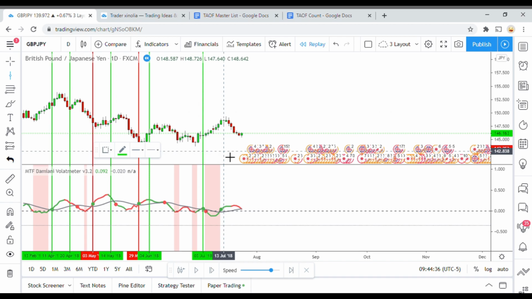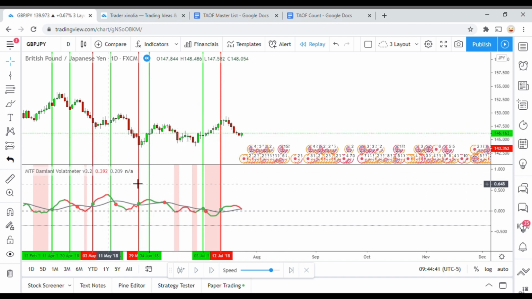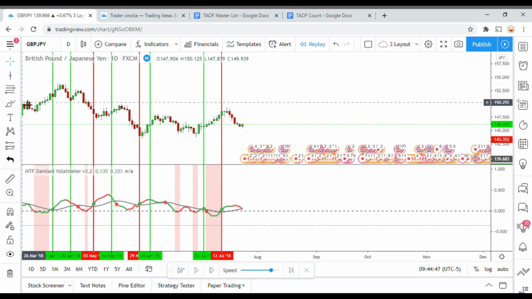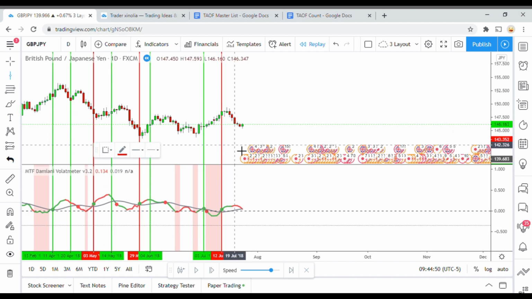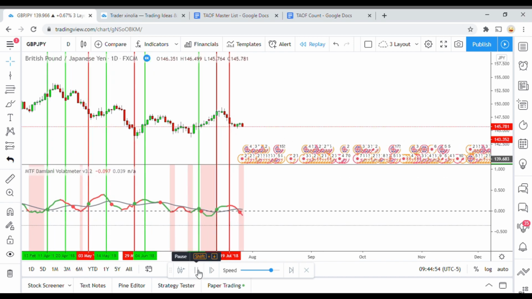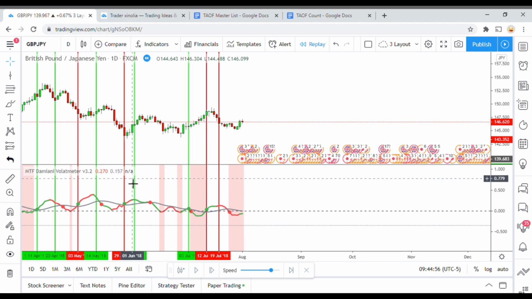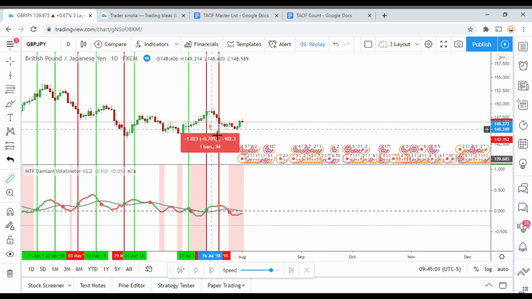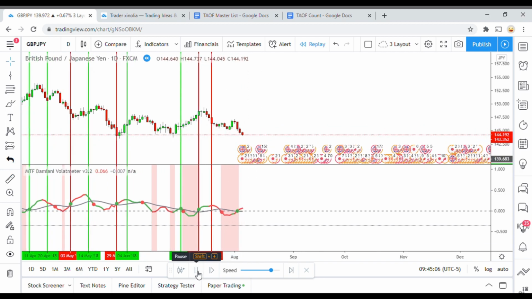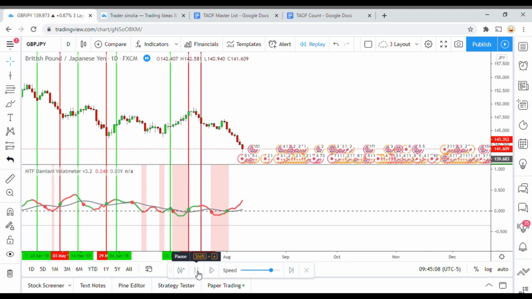All right, so we get a break here. That is a long. So we're definitely getting far more signals than we had before. Question is, when we get to the end, will they prove to be a profitable number? Let's see here.